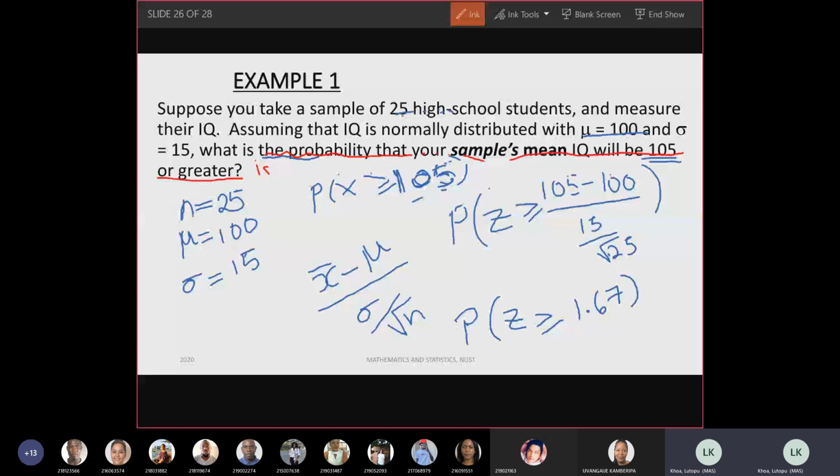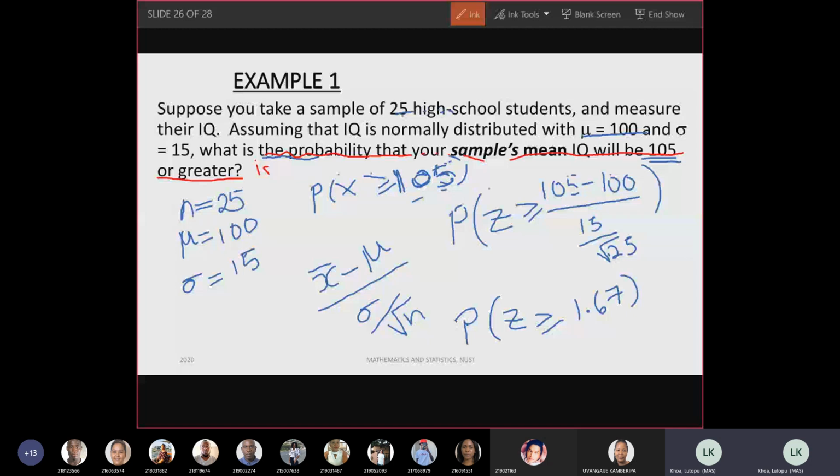So you write that at the end. Okay, so the sentence is already given there. All you have to do is extract that part. You start with the probability that the sample mean IQ will be 105 or greater is 4.75% or something like that. So word problems, you answer them in words.